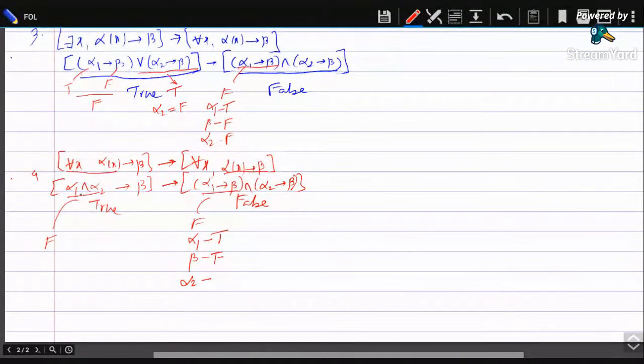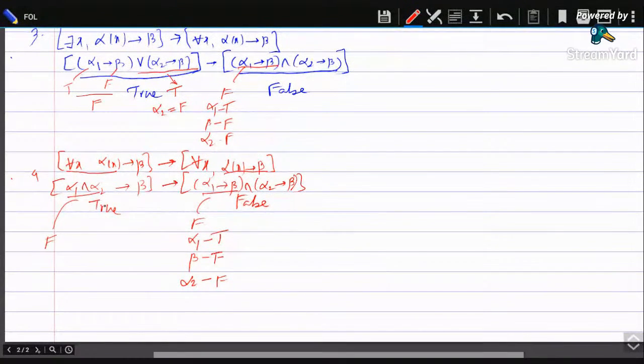Alpha 1 is already true. Therefore, alpha 2 is forced to be false. If alpha 2 is false, then this is going to be true, and this is going to be false because alpha 1 is true, beta is false. So one false and anything is going to be false. So false implies anything is going to be true. So this condition holds.